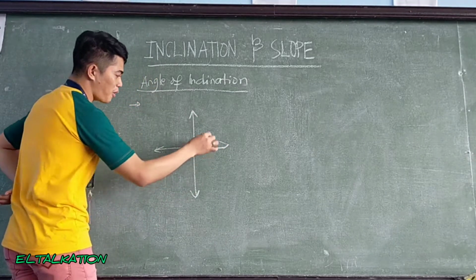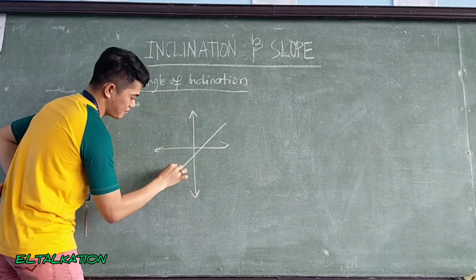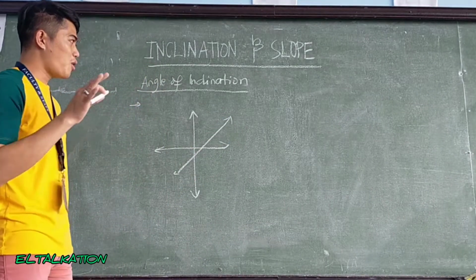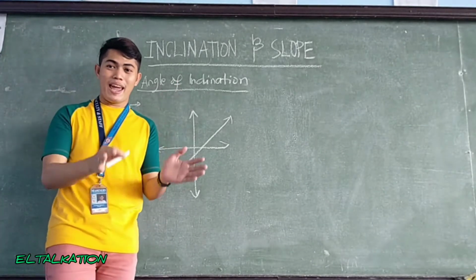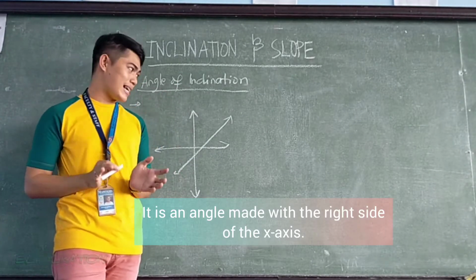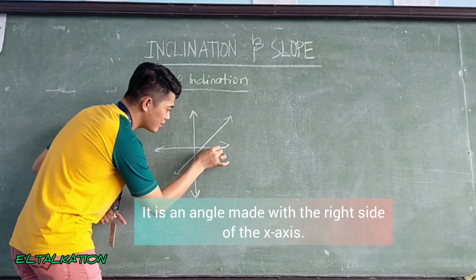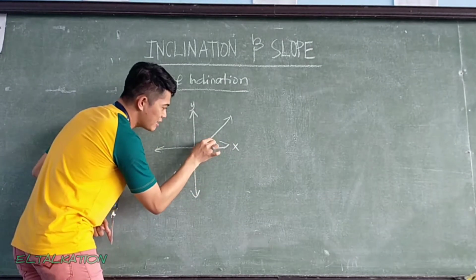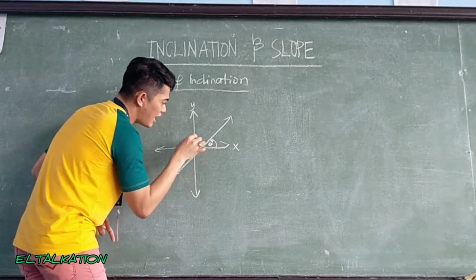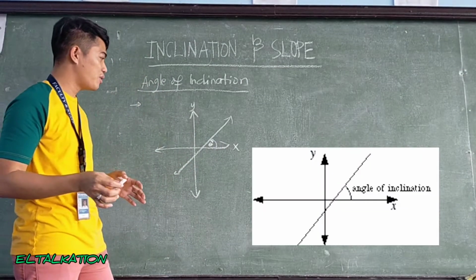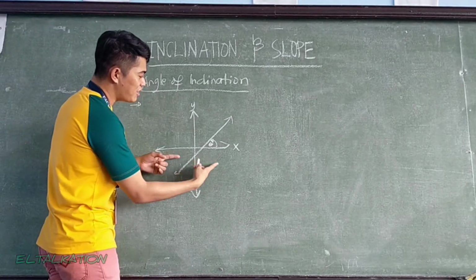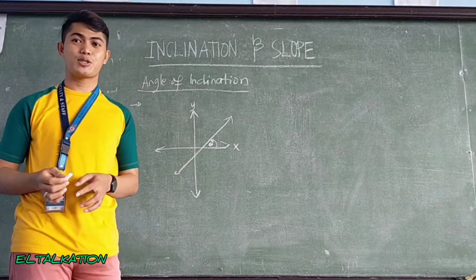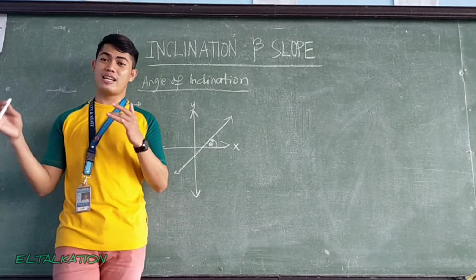Given there is a line here, according to the definition, it is made with the right side of the x-axis. So from here, which is the x, and this is the y-axis, from here to there, this will be our angle of inclination. Okay? So from here to there, we will create the right angle. So that is the angle of inclination.